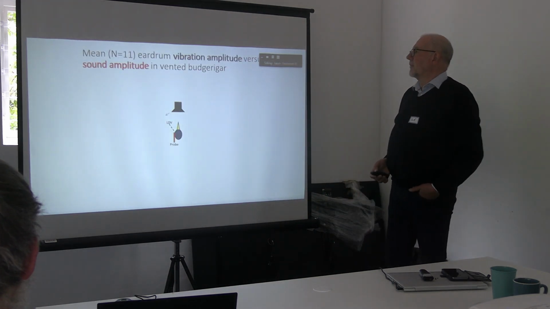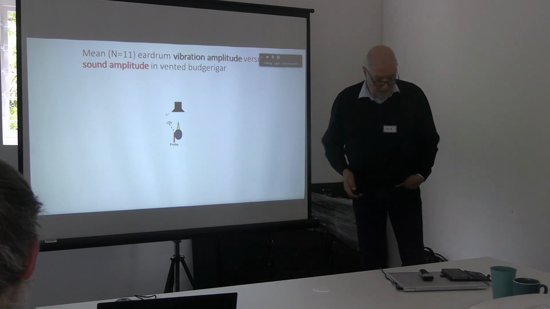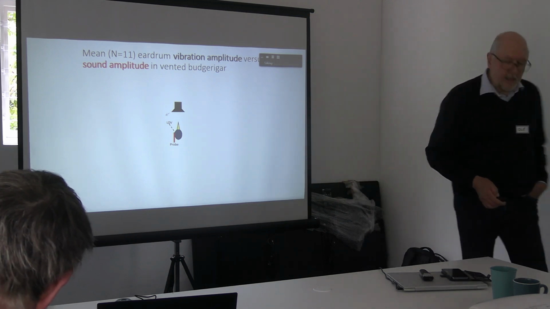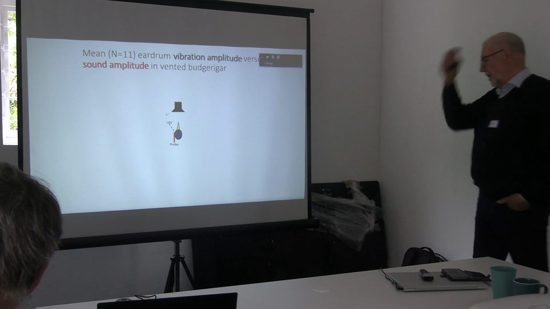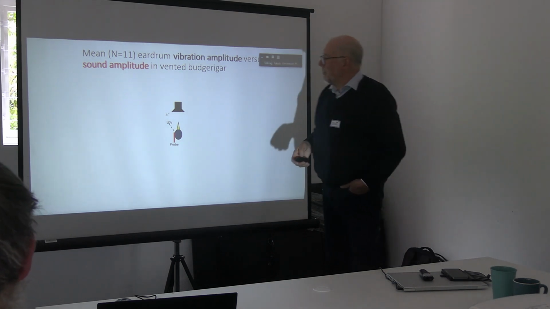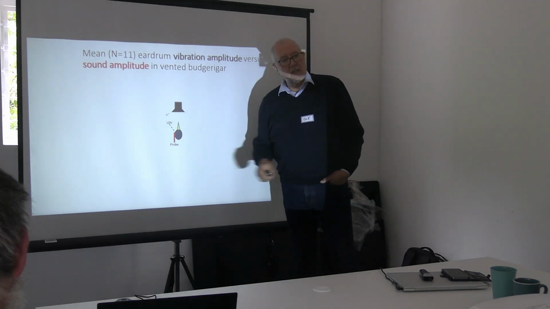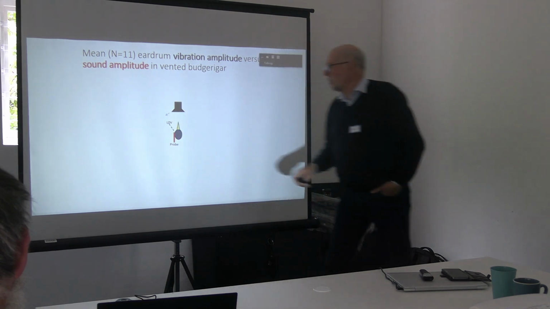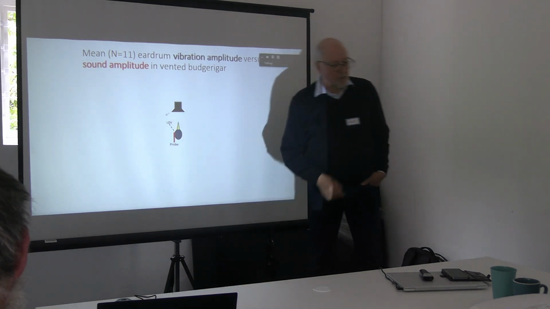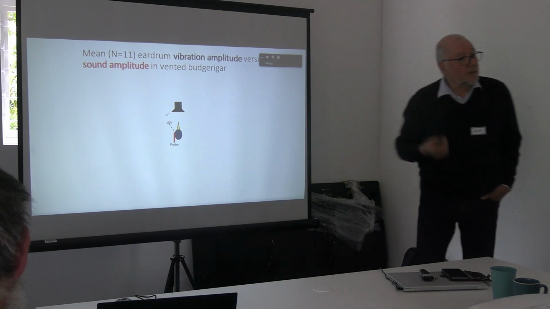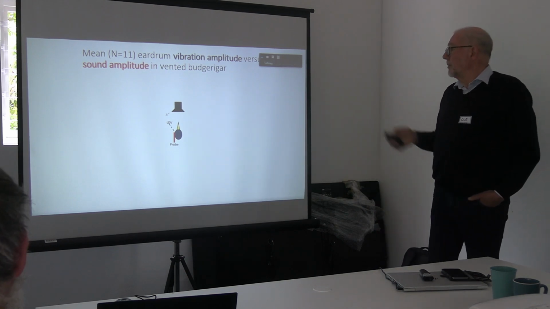So now when we then have a bird in a setup, we measure the vibrations of its eardrums with a laser Doppler micrometer, and we have a probe microphone to measure the sound pressure at the ear opening.